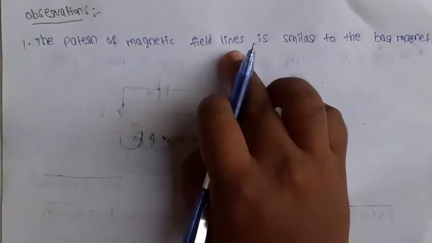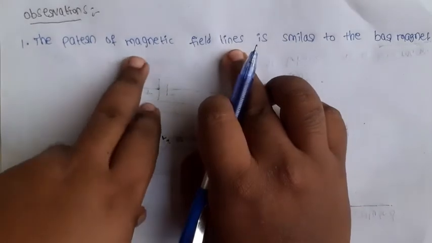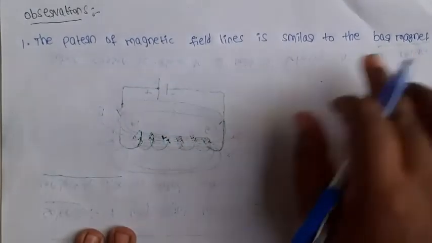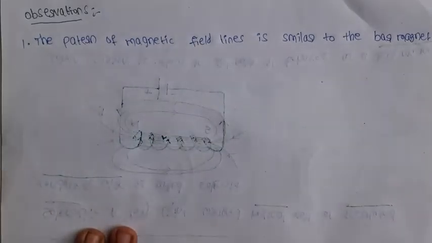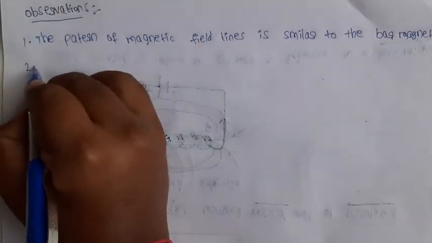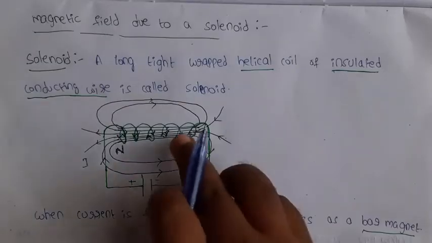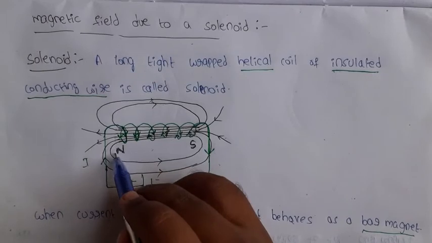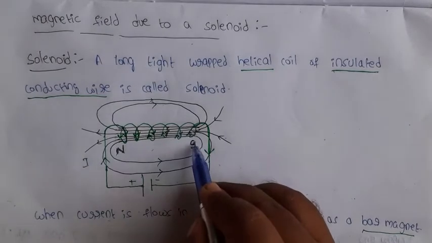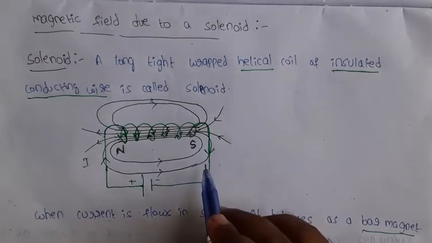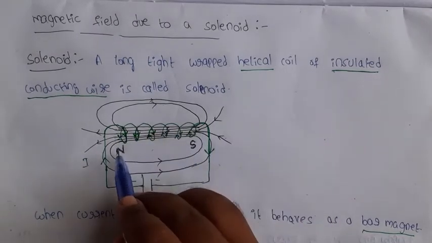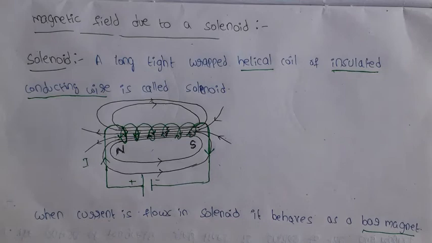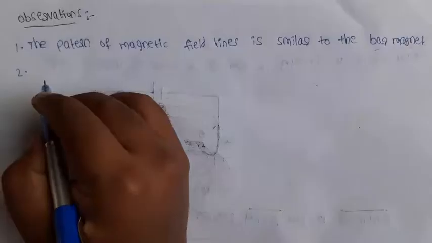That means the solenoid's magnetic field lines are similar to the bar magnet. That is the first point. Second observation: a bar magnet has one end as north pole and one end as south pole, so the solenoid also has one end as north pole and one end as south pole.